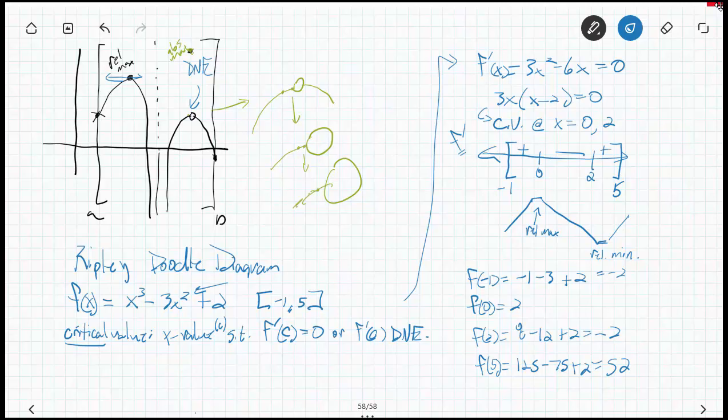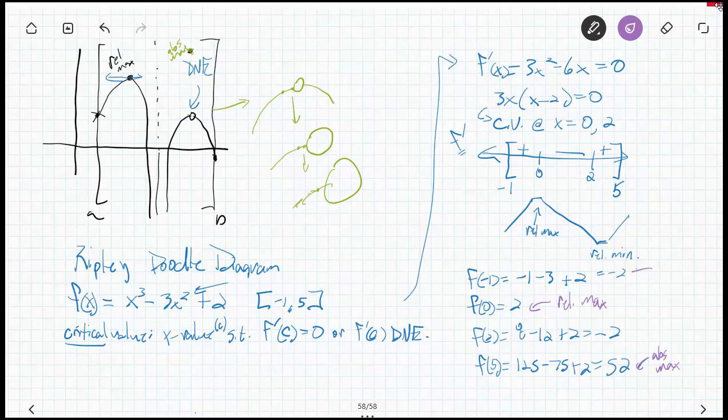Now look at it. Since f of 5 is 52, and there are no other places where the first derivative equals 0 or doesn't exist, these are the only candidates for absolute and relative maxes and mins. So let's go through it. This guy right here is the abs max. It's got no choice. This guy right here is a relative max.